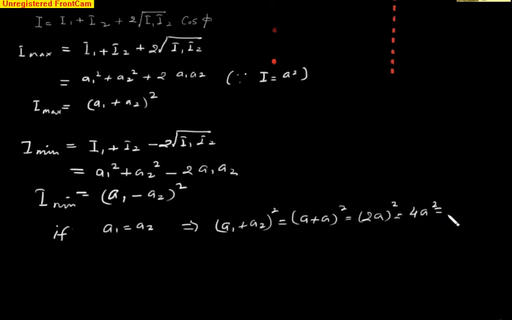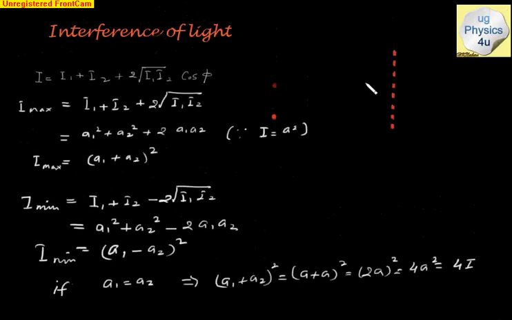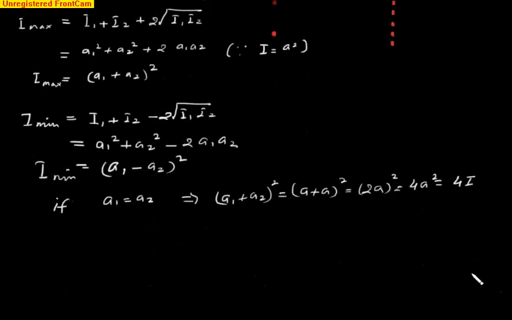But A square is intensity, therefore it will be 4I. It means the intensity will be 4 times brighter. That means you will get brightness here, and this brightness will be 4 times the intensity of either source, because A square is the intensity here.